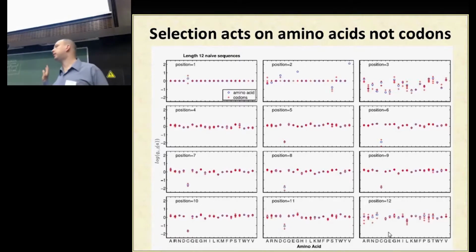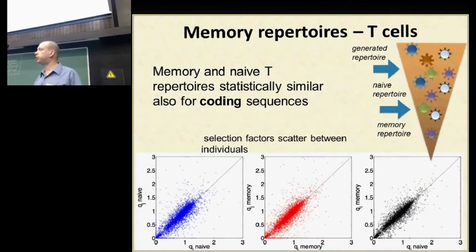So everything I said until now was on initial selection, basically on naive sequences, so naive cells that have never met any pathogen. And we're starting to look also at memory cells. On T cells, we actually haven't seen much difference between memory and naive cells, and there are different reasons for that. I'm not going to get into that.